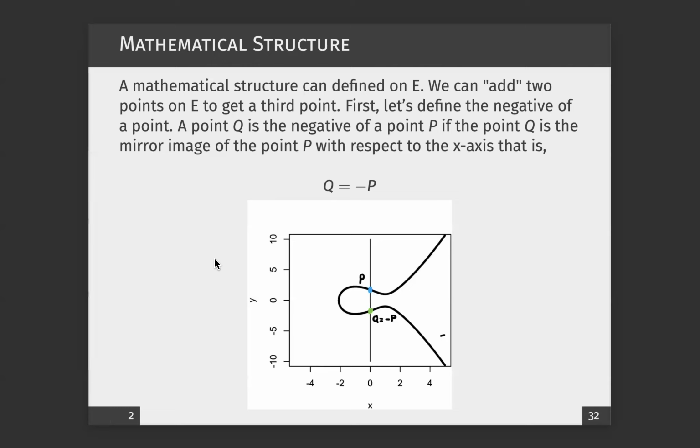First, the thing we want to define is the negative of a point.